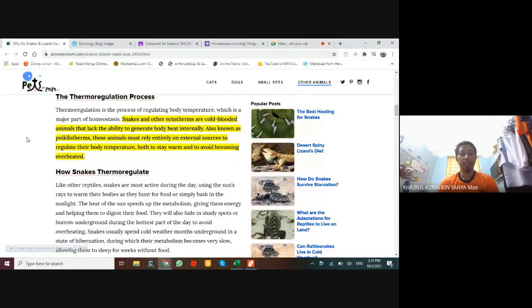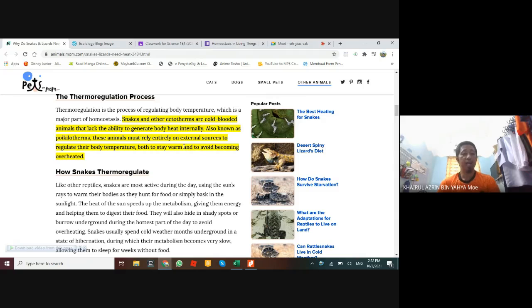This one is for snakes and other ectotherm animals. In homeostasis we also call this thermoregulation, the process of regulating body temperature, which is a major part of homeostasis. Snakes and other ectotherms are cold-blooded, haiwan berdarah sejuk, animals that lack the ability to generate body heat internally.